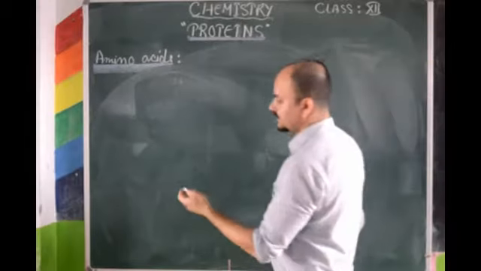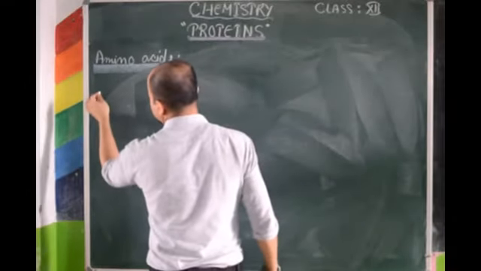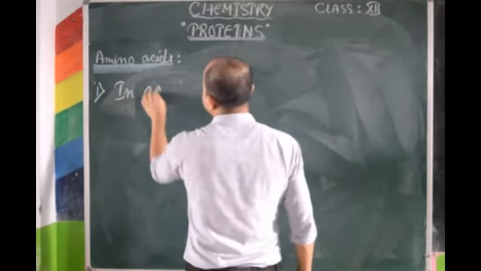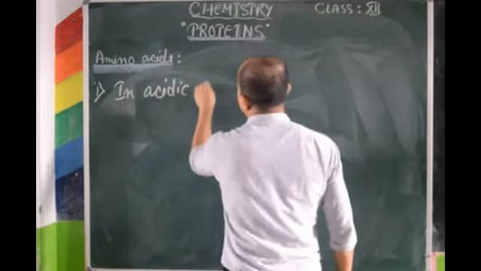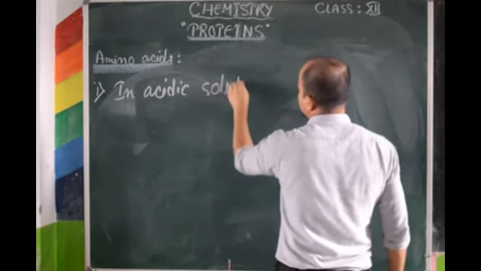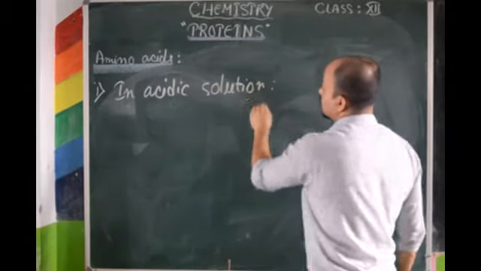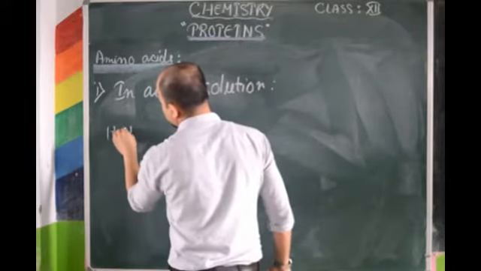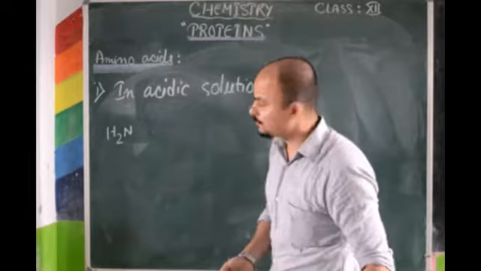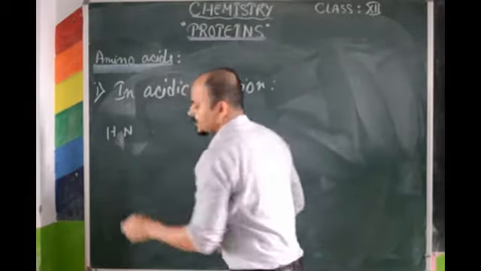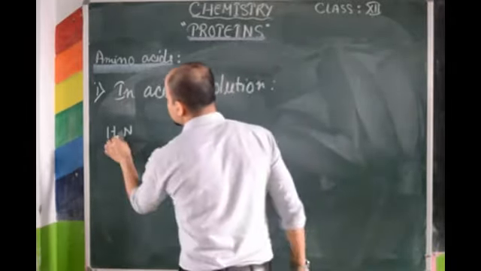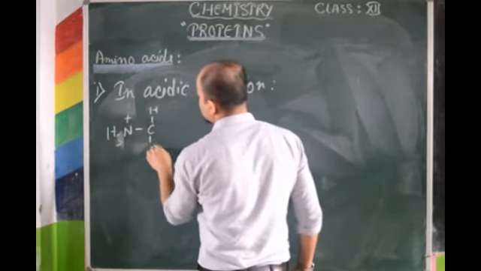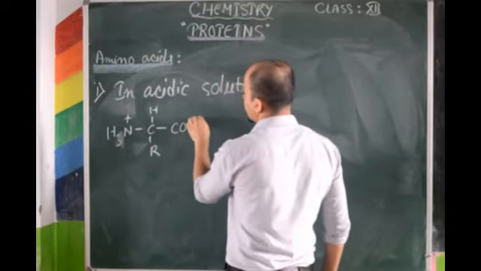Amphoteric nature. Now see, whenever we have an acidic solution, how does this zwitterionic form react? Zwitterionic form means you have NH3 plus, CHR, and here you have COO minus.